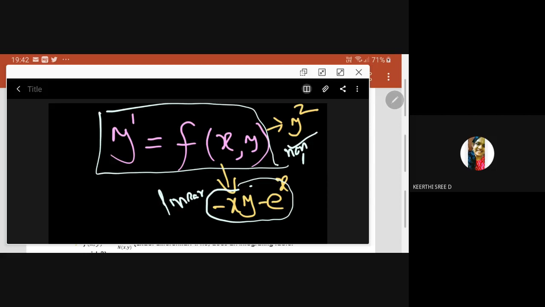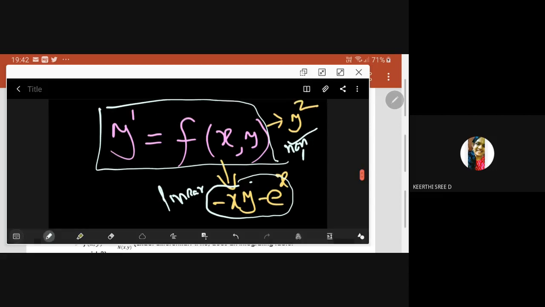On the other hand, y dash is equal to minus xy minus e power x has three terms. The right hand side is free from derivatives of y. The e power x term has no y, and the other term has x and y, so y appears only once. So it is a linear one.